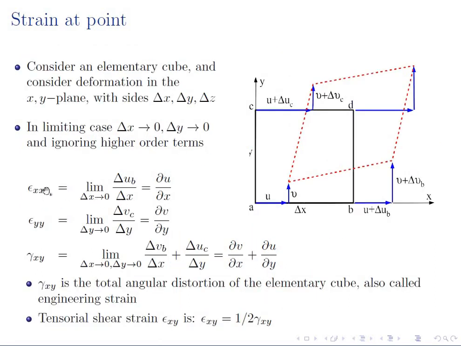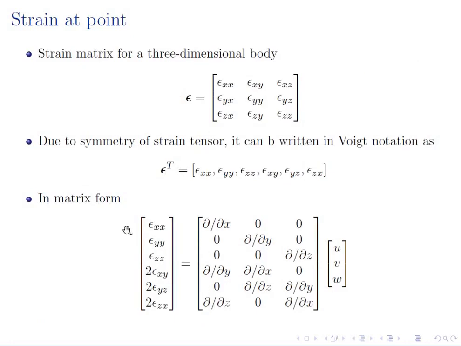Looking into the definitions of epsilon xx, epsilon yy, and gamma xy, I can also write down the definitions of strains in matrix form, something like this, where we have this differential operator matrix involved. So I can see here that epsilon xx is equal to partial u over partial x.